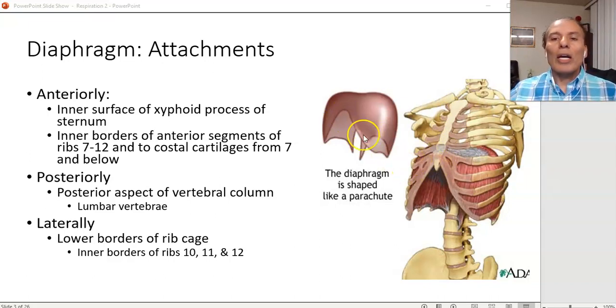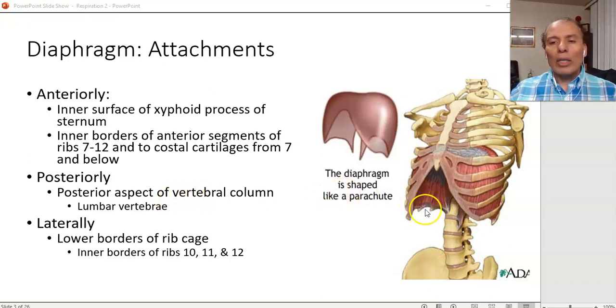So anteriorly, the diaphragm is attached to the xiphoid process, and then to the inner borders of the anterior segments of ribs number 7. Here is, let's see, 1, 2, 3, 4, 5, 6, 7. So the cartilage segments of ribs number 7, 8, 9, 10, and then you go down, it also connects on the side to ribs number 11 and 12.